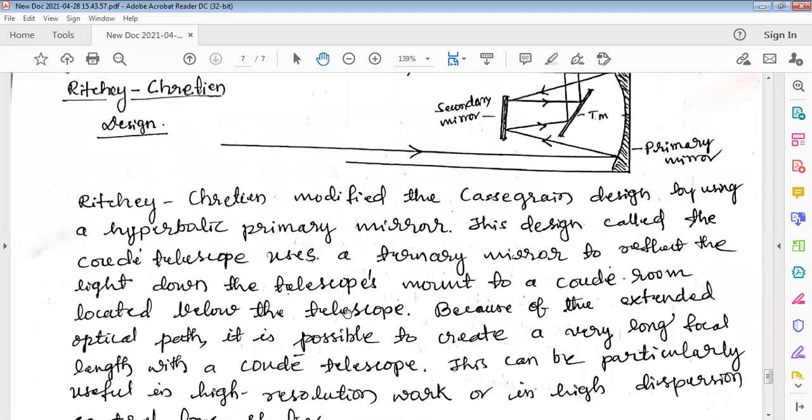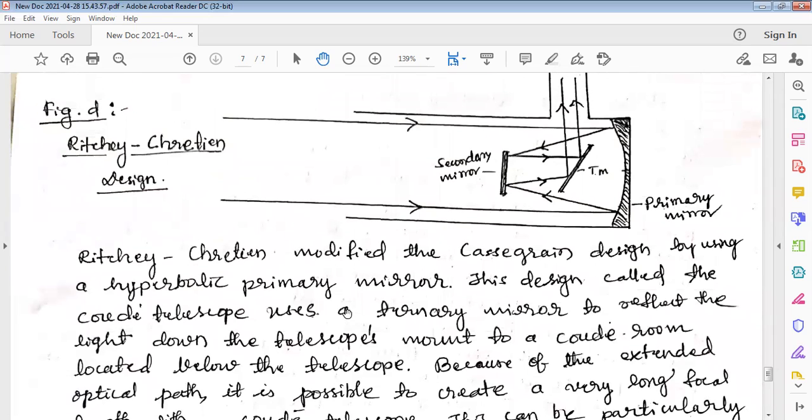So this design by Ritchey-Chrétien, or the Coudé telescope, is a very high resolution telescope, and this is preferred whenever you need higher resolution.